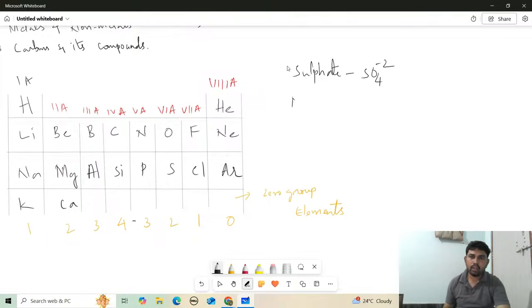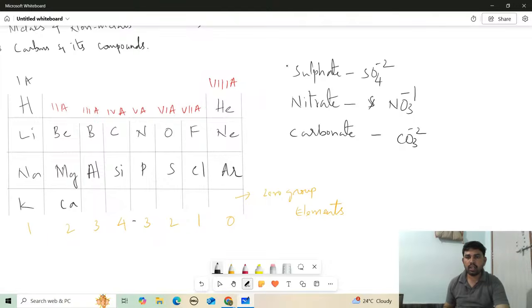We have the nitrate ion, formula NO3, charge -1. We have carbonate, written as CO3, with charge -2. If we have hydrogen carbonate, we just add one H, so HCO3, charge -1.